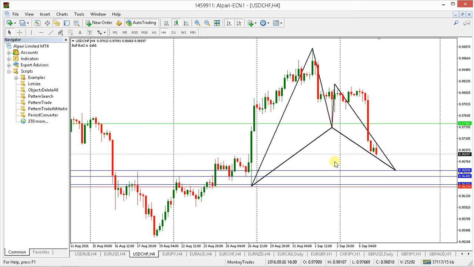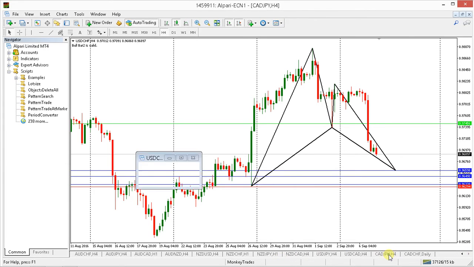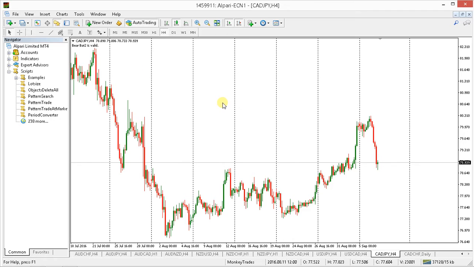Bat pattern number 2. Let us have some examples of bear Bat pattern number 2. And to do that, I need to find some good example. Oh, we can see it here. Bear Bat pattern number 2.